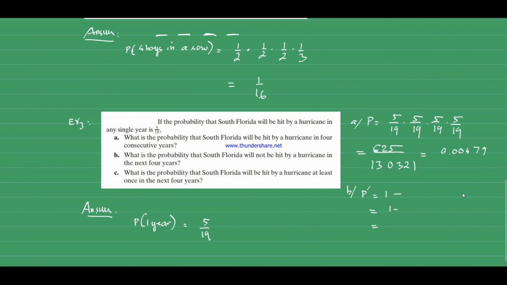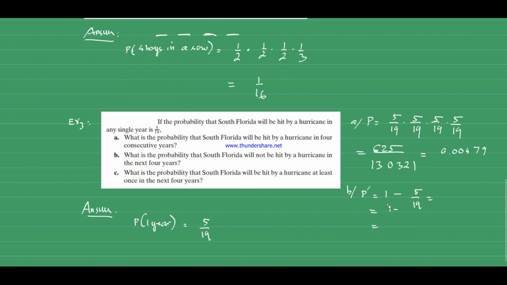So the probability is not being hit in the next 4 years. So we need to find the probability of not being hit in 1 year first. Okay. So the probability for a single year is this. So the probability of a hurricane not hitting in 1 year will be 1 minus 5/19.